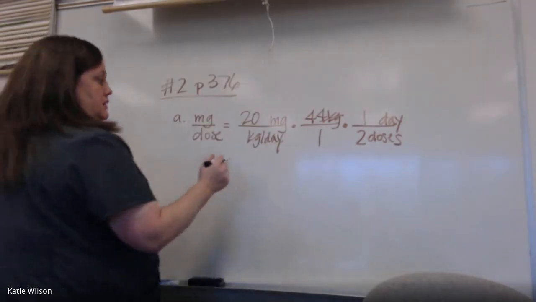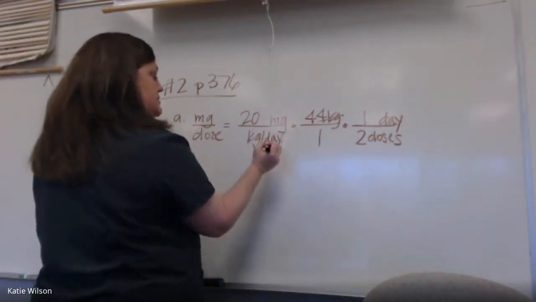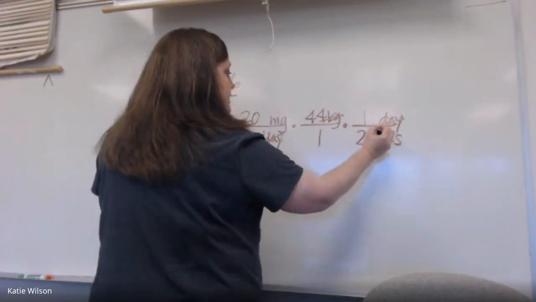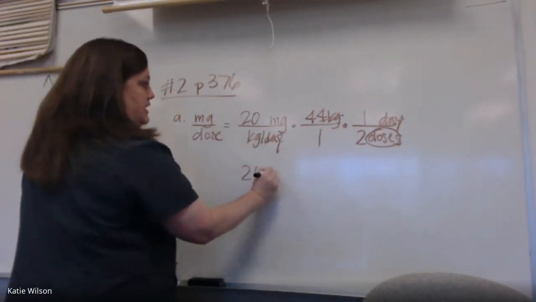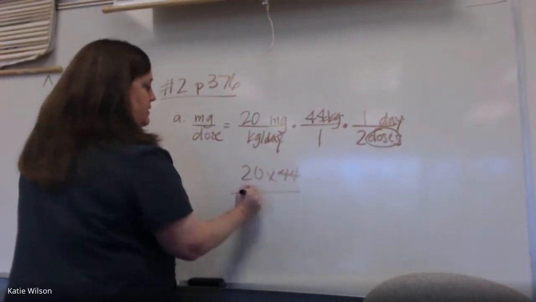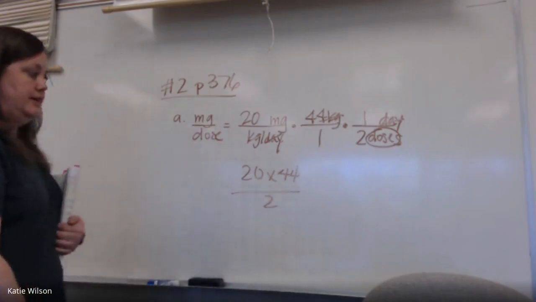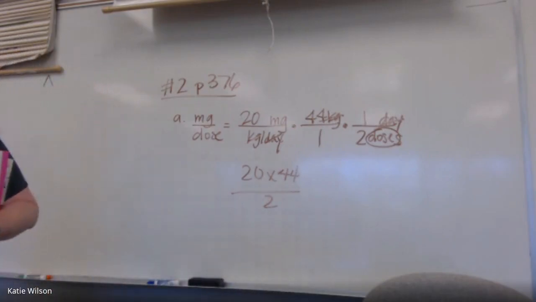Okay. So I've got milligrams on top. I've canceled out my day, and I've got dose on bottom. So 20 times 44 on top and 2 on the bottom, right? What you got? So 880 divided by 2.